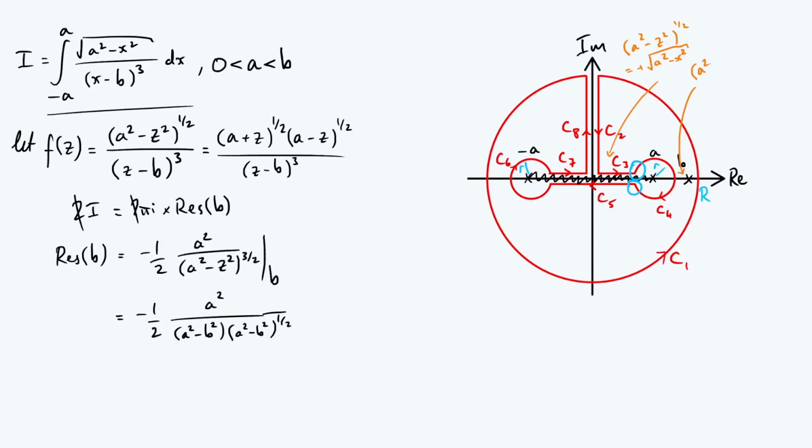So let's just write out here a squared minus z squared to the half. Well, first of all, its magnitude is clearly going to be the square root of x squared minus a squared, or b squared minus a squared specifically, but more generally, if you're on the right hand side of the real axis, it's going to be the magnitude of x squared minus a squared. It's going to be e to the i times something.